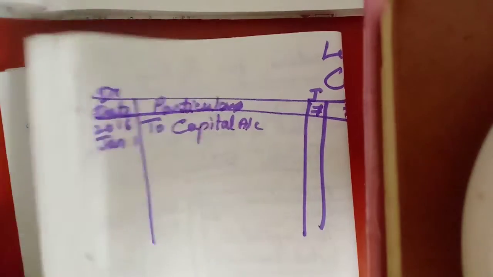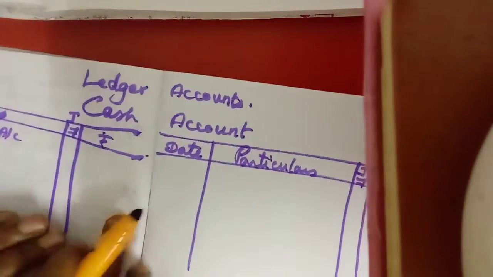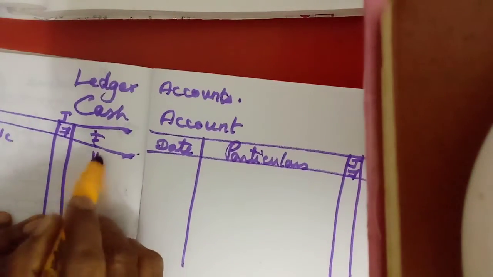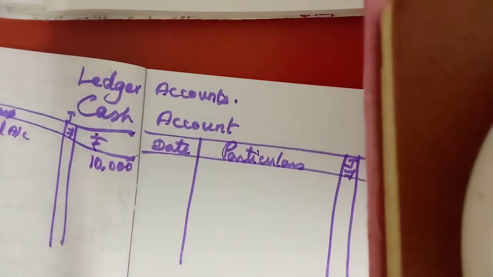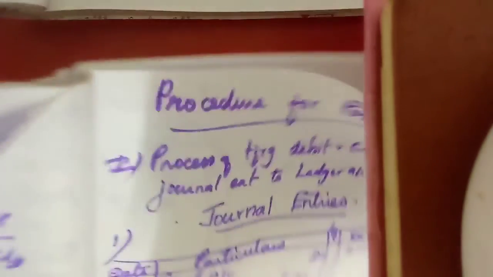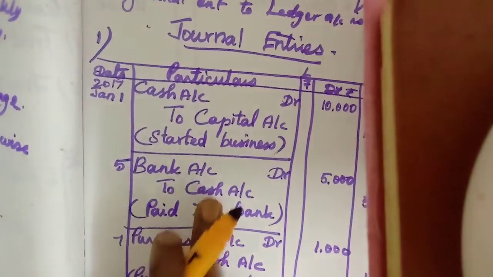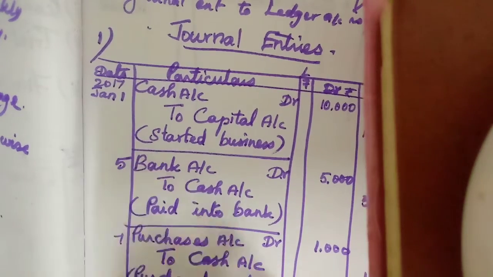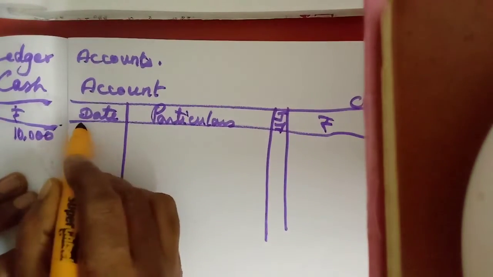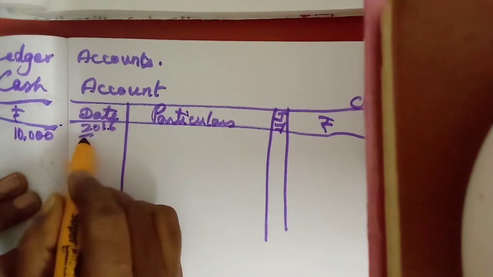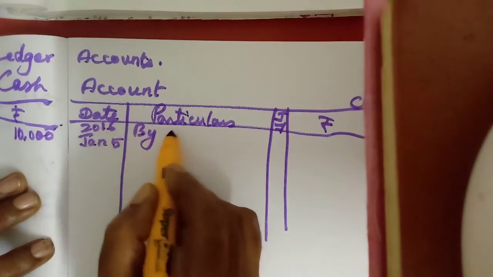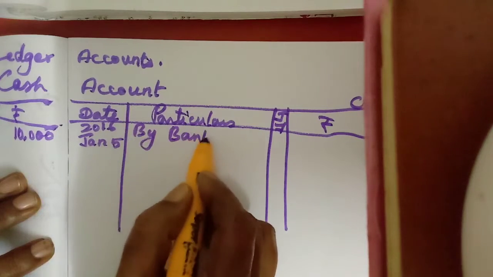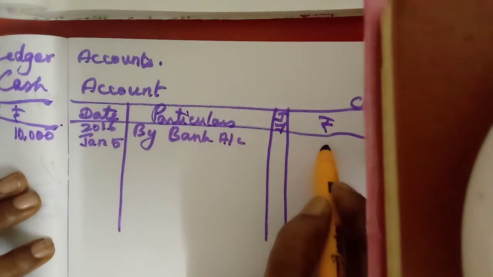Then the second entry, cash account. Here it is credit, so on the credit side by bank account. Date 5, the year we should write first, January 5, by bank account, 5,000.